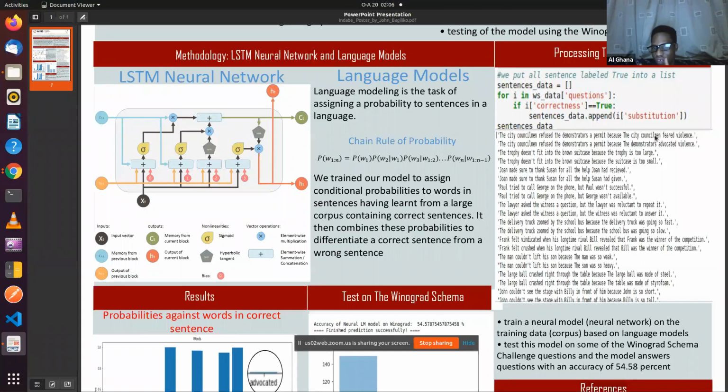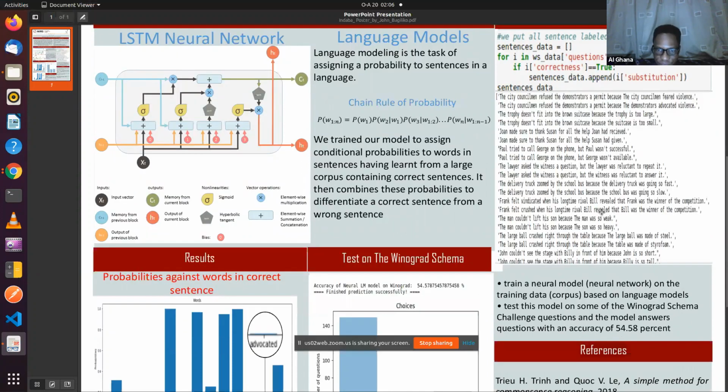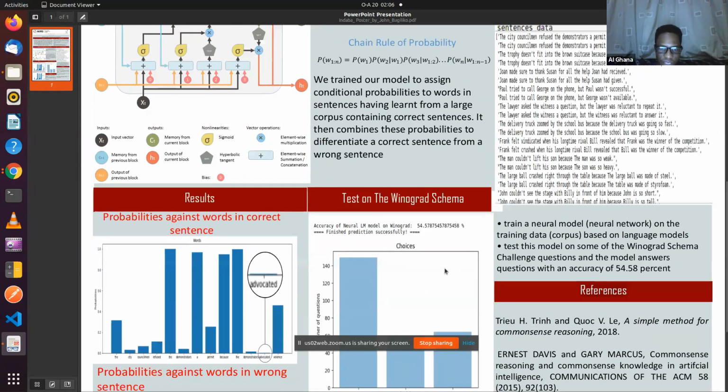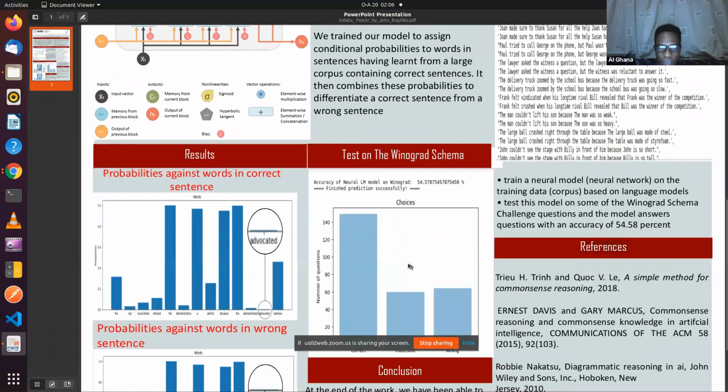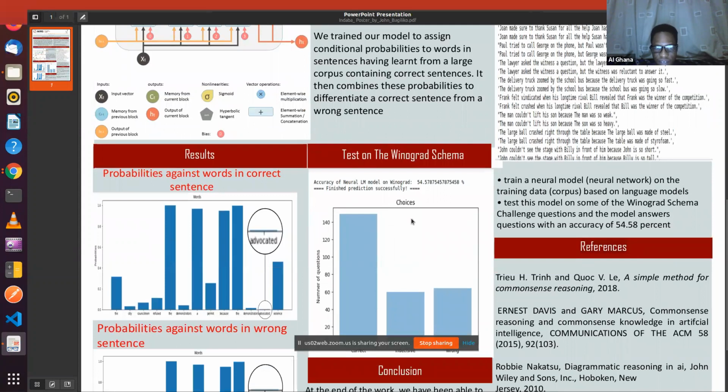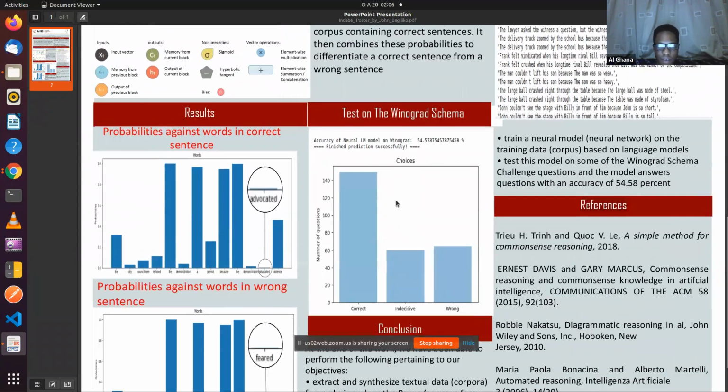Based on that, for each pair, we run our model on it, which just classifies as wrong or not wrong, and then we count the correct ones and divide by the total number of questions. At the end of the day, our model predicts about 50% accuracy. Thank you.